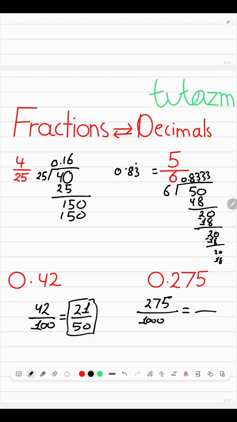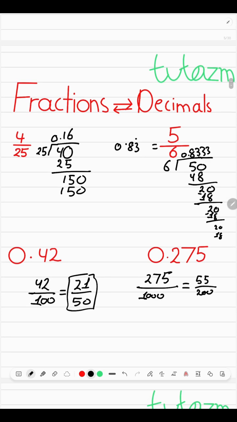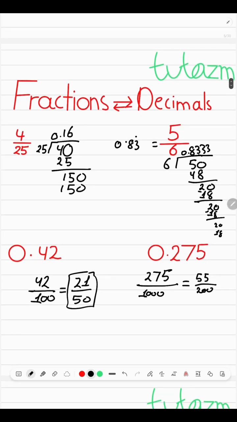So at the bottom here, 1000 divided by 5 would give us 200, and 275 divided by 5 would give us 55. So we'll have 55 divided by 200, and then we can divide that by 5 again to get 11 over 40. And that is our final answer.